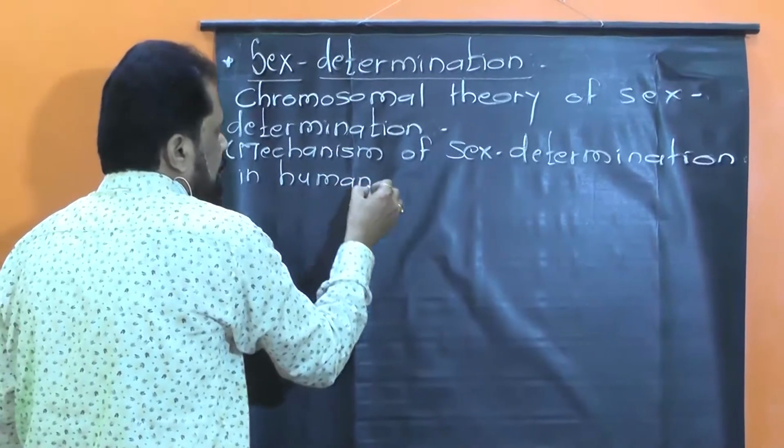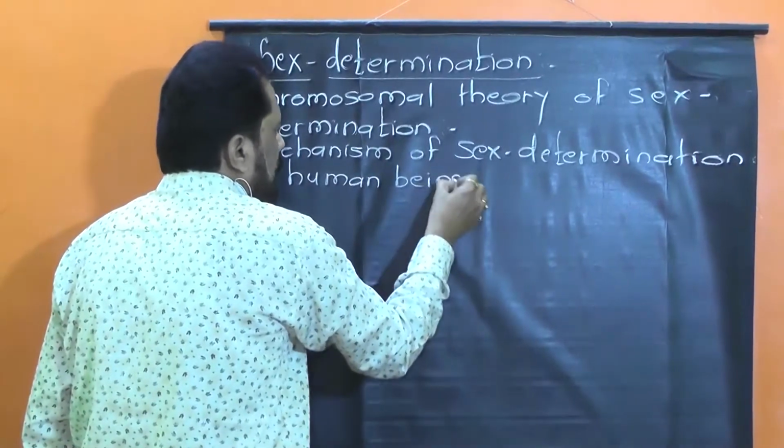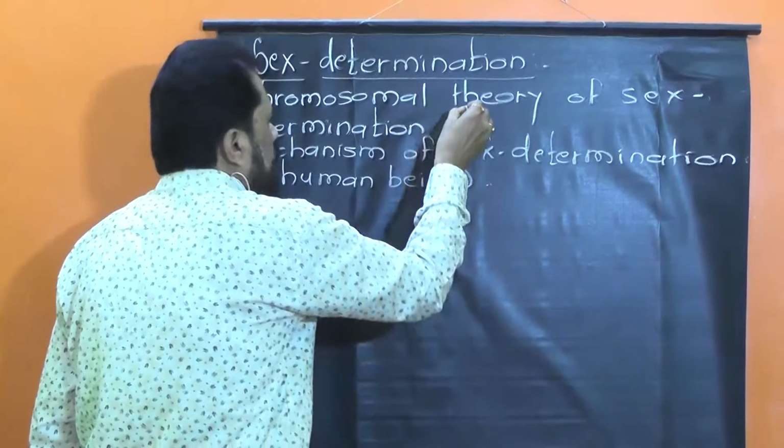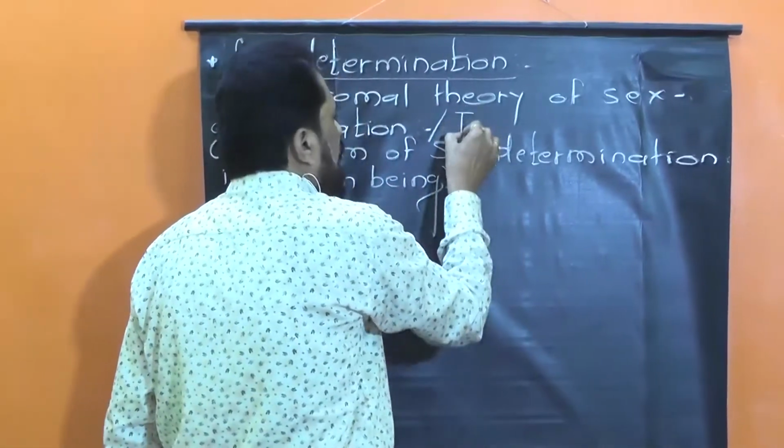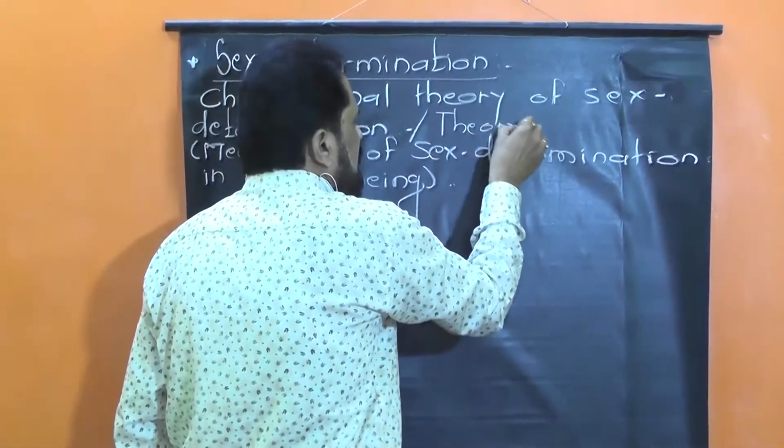This theory proposed by Correns is also known as theory of heterogamesis.